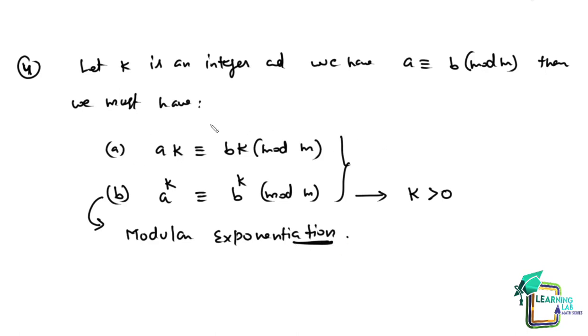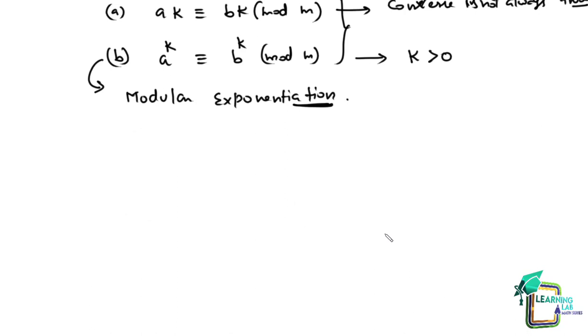And in this result, the converse is not always true. That means if we have AK is congruent to BK mod M, that doesn't mean A is congruent to B mod M, right? So let us take a note.